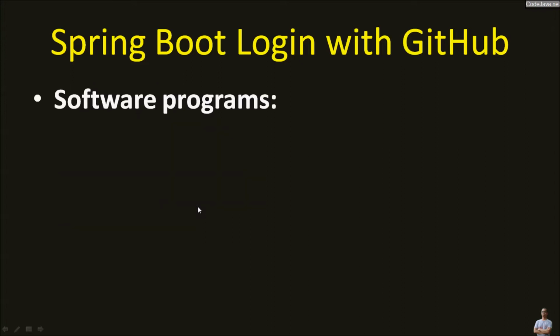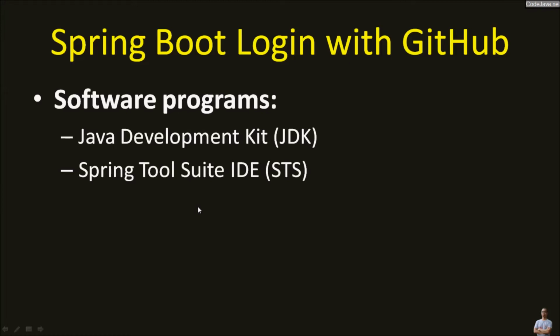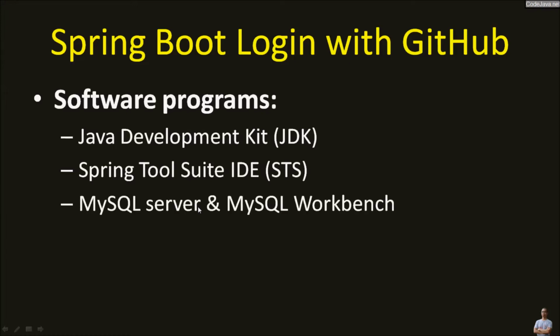And to follow this video, make sure that you have installed these software programs on the computer: Java Development Kit, JDK, Spring Tool Suite IDE, STS, MySQL Server, and MySQL Workbench.